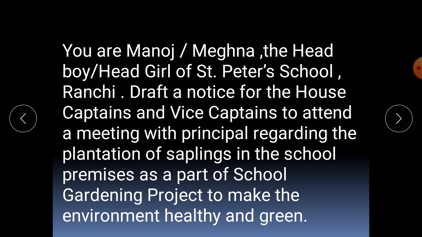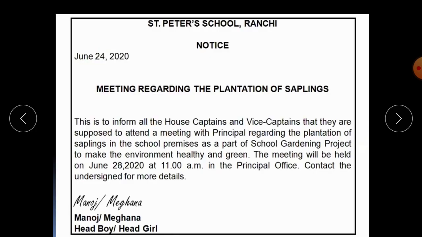So now let's see the solution. In the very first line, we should write the name of the school in capital letters, and we have written St. Peter's School, Ranchi. In the next line, write the word notice.